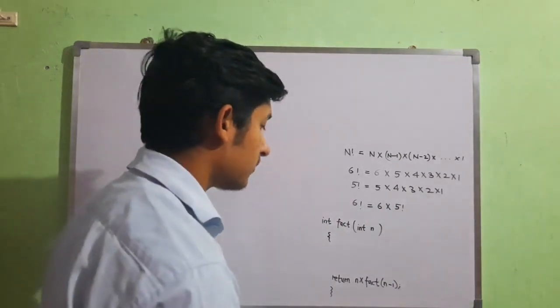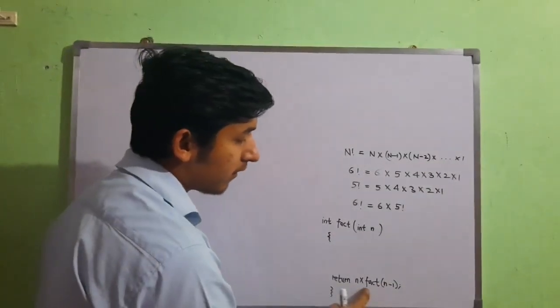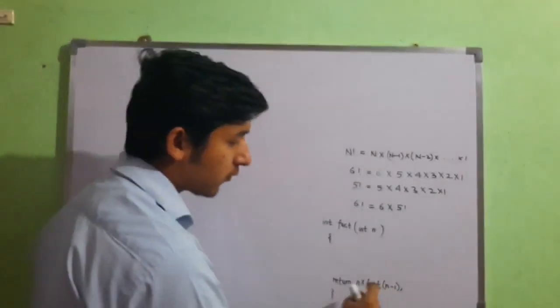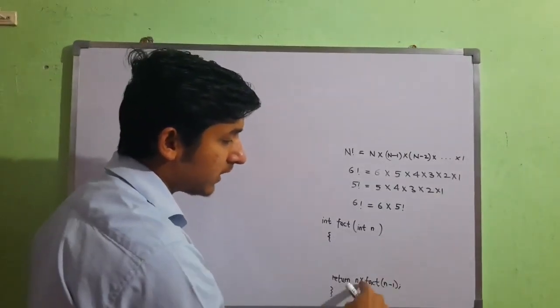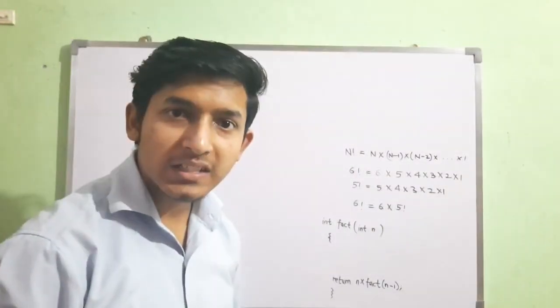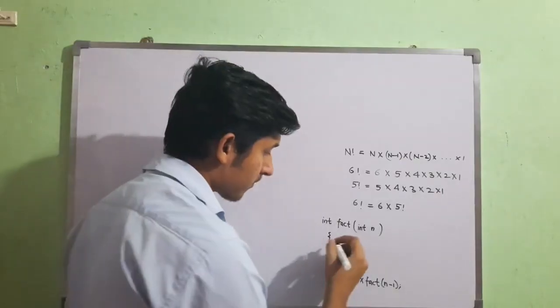Simple. Now, the question arises: when n is 6, it will call factorial of 5. When n is 5, it will call factorial of 4, then 3, then 2, then 1, then 0, then minus 1. Factorial is defined for positive terms only. So here will be a constraint.